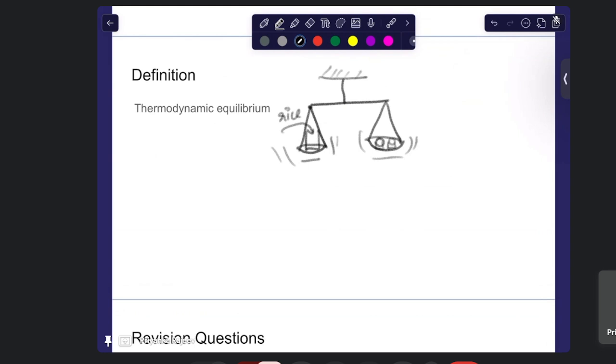The system can change its state, and when that change in any property has stopped, that is when you say that the property is fixed. And when the property is fixed, the state is fixed.